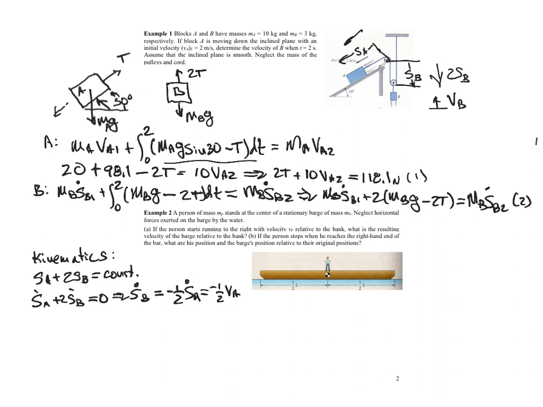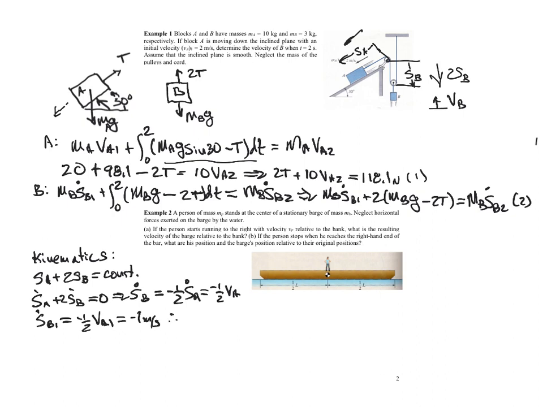Now, that implies that SB1 dot is equal to negative 1/2 of VA1, which was given as 2 meters per second. So this is equal to negative 1 meter per second.